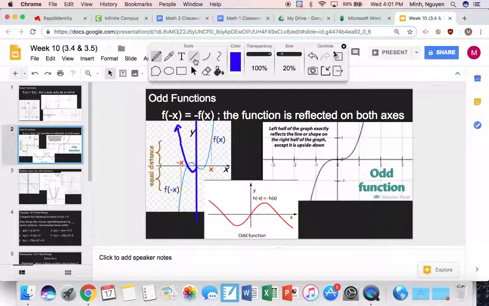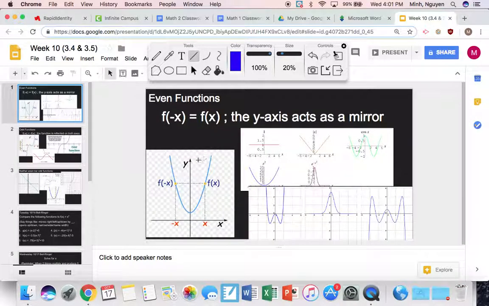And then if I reflect it now across this axis, then this will go from being down here to up here and downwards. And thus, we have it. We've reflected it twice and it worked. So that would make an odd function. It requires two reflections, one across the y and one across the x-axis. Evens are just straight down the middle, mirrored there.